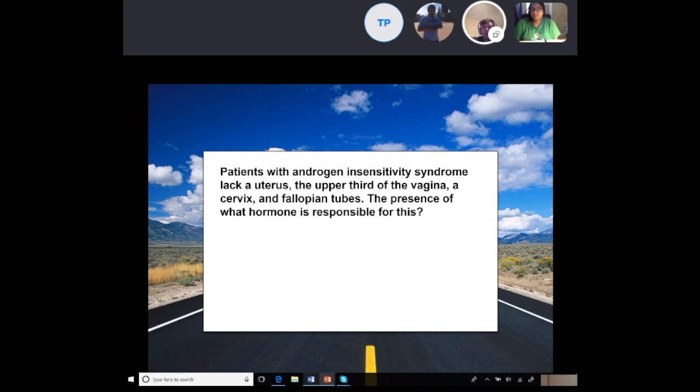So patients with androgen insensitivity syndrome lack a uterus, upper third of the vagina, cervix, and fallopian tubes. The presence of what hormone is responsible for this? Actually, it should be the absence of this hormone.